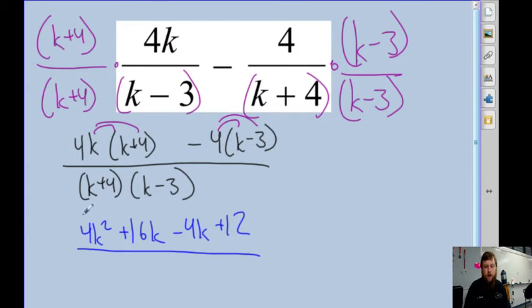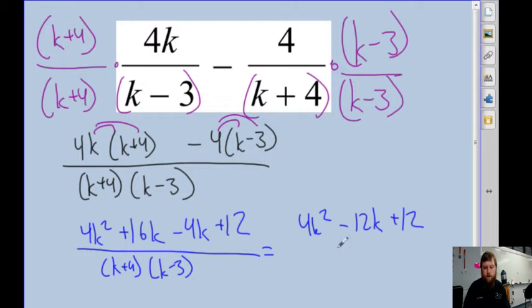And it's going to be all over, well, you don't have to multiply that out right now, so I'm going to call that k plus 4 times k minus 3. Now combining the right terms in the top, you are going to get 4k squared plus 12k plus 12 over k plus 4 times k minus 3.